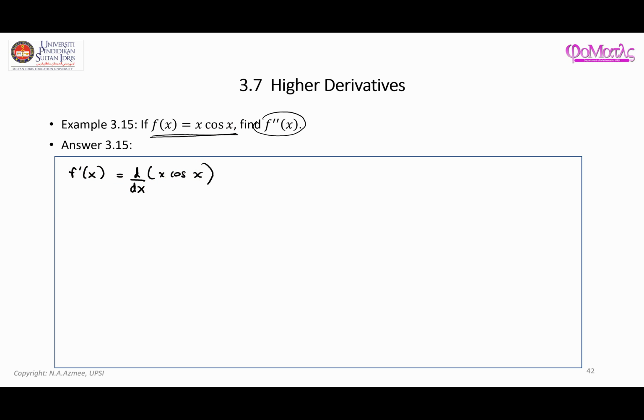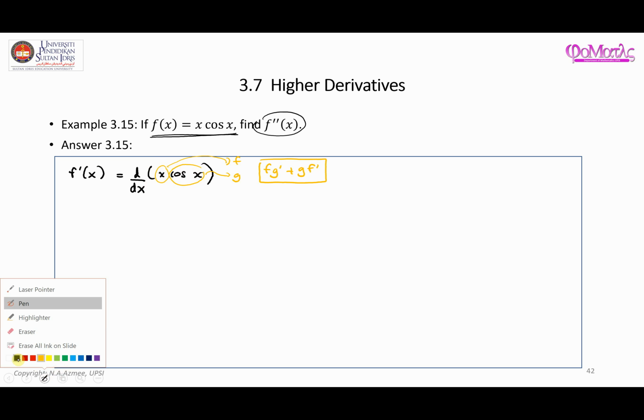Okay, so here we can see that this part you can call it f, and this part you can call it g, and we can apply fg prime plus gf prime and solve for the derivative of this function.